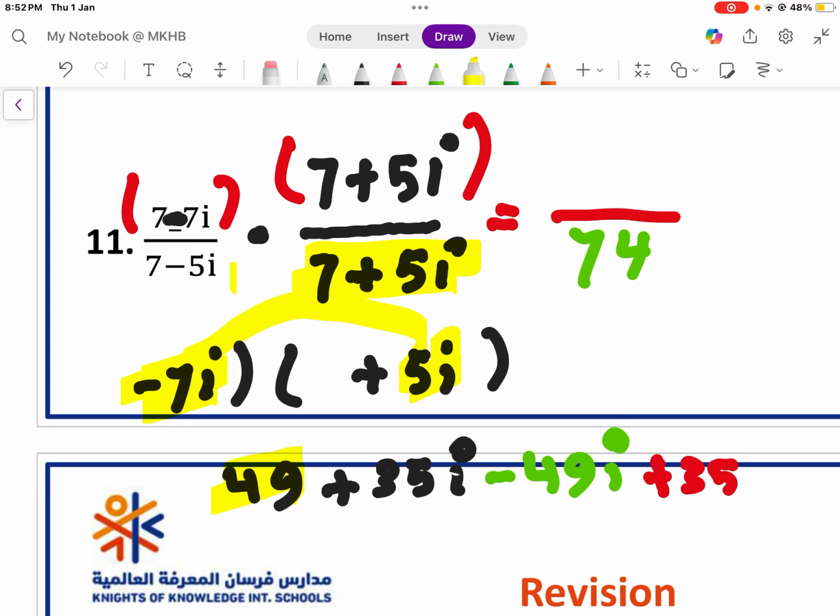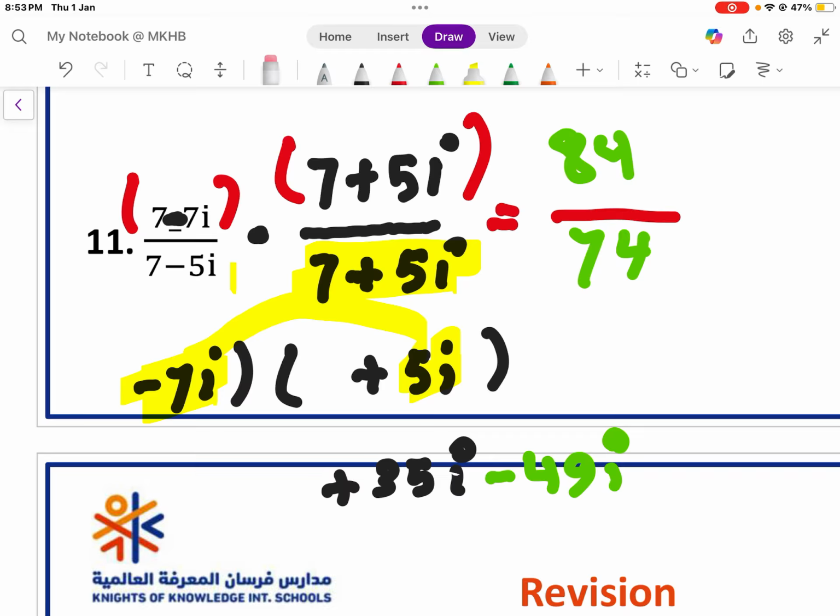Combine them, this with this. 35, 85 minus 1, 84. So here I have 84 from this and this, and 49 minus 35. It is 15.